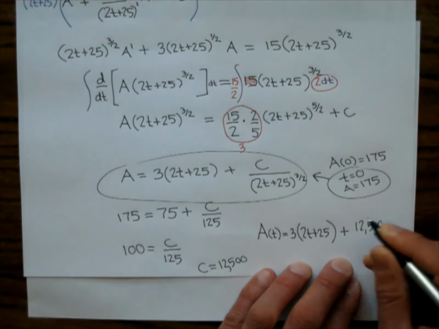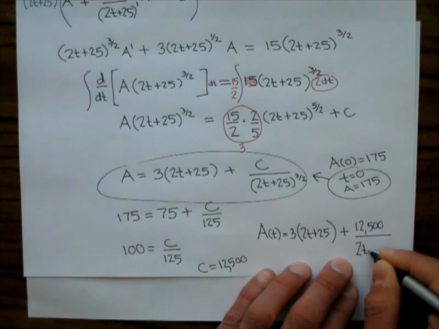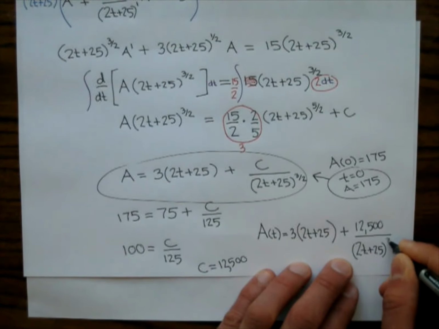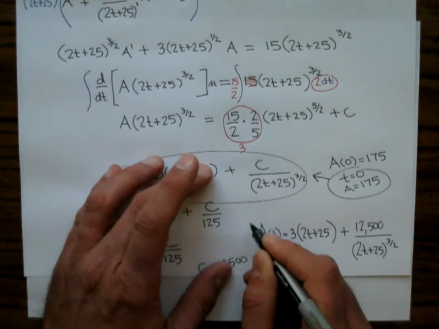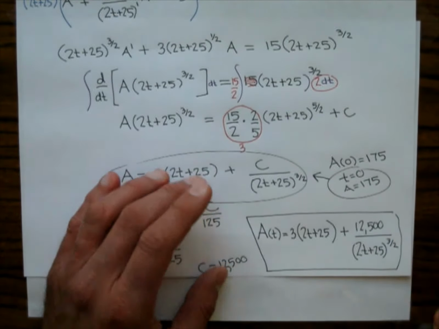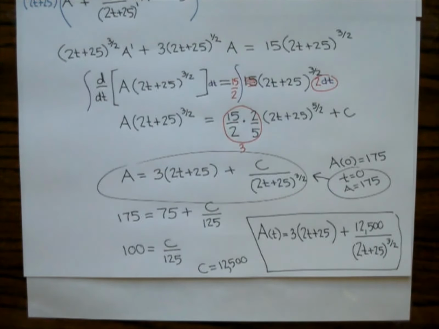Plus 12,500, that's where the C is. This is all over (2t plus 25) to the 3/2 power. There is the answer to the question. It actually says how much salt is in the tank after t minutes.